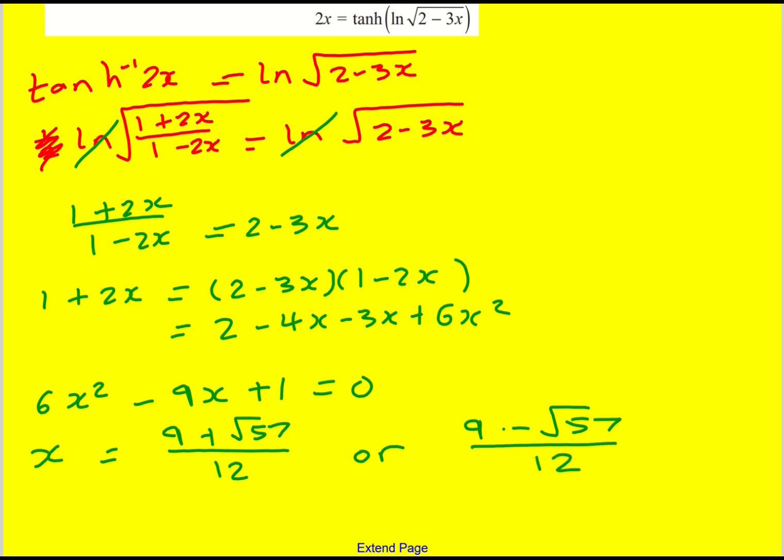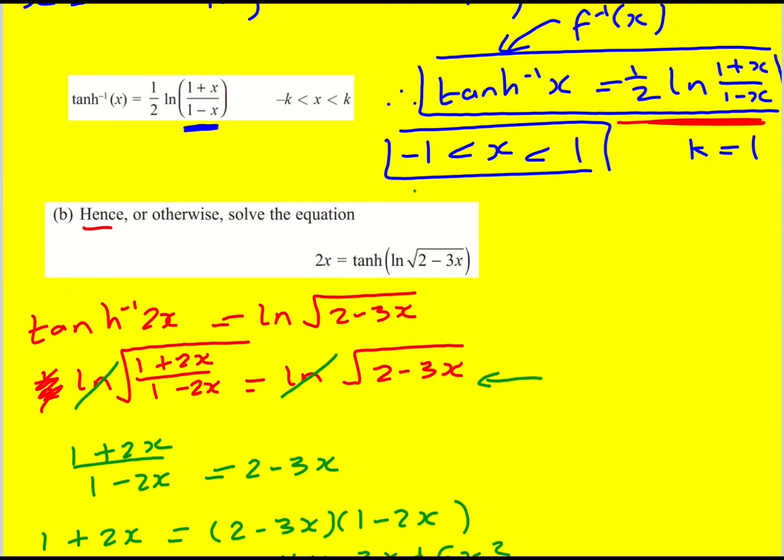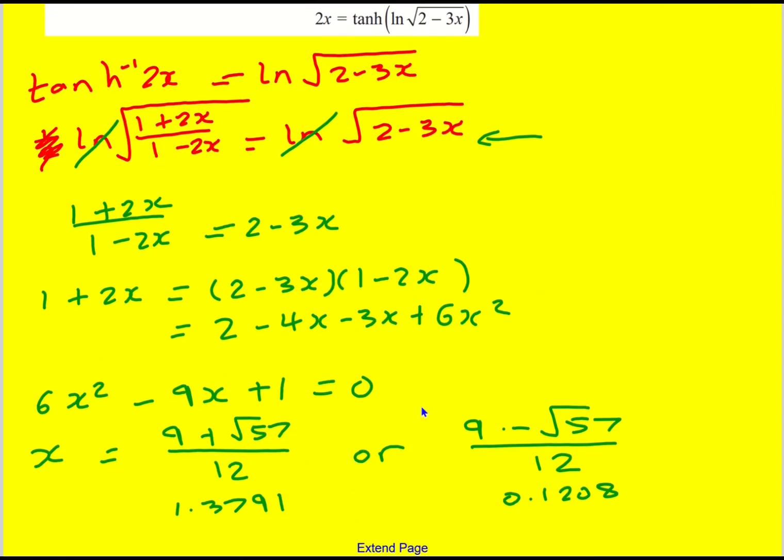Now when you get solutions to this, remember we have technically squared. You should always check for spurious solutions. So let's work out what they are. They end up being 1.3791 and 0.1208. So you could put it back in and see if there's any problems. But remember, we did have this little condition earlier that x had to be between minus 1 and 1.